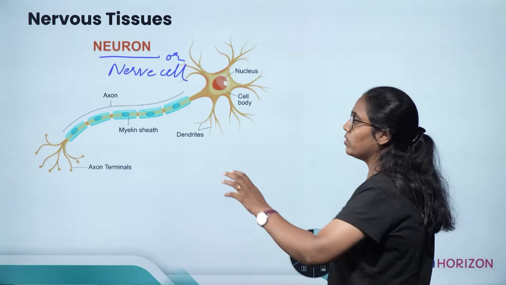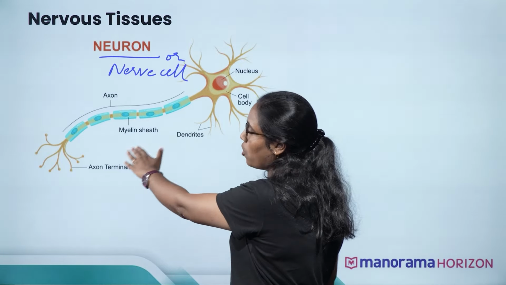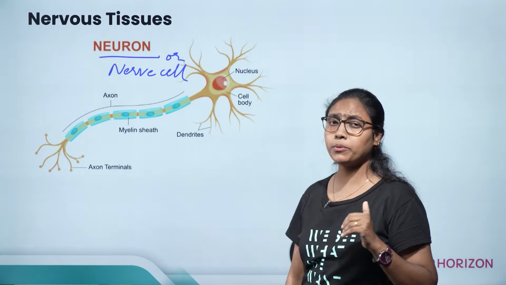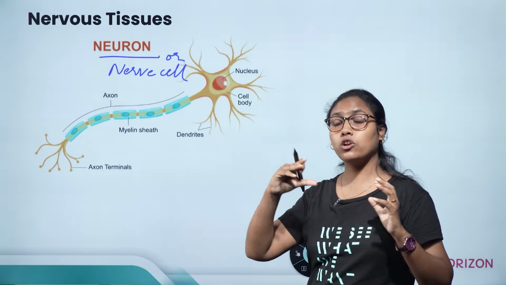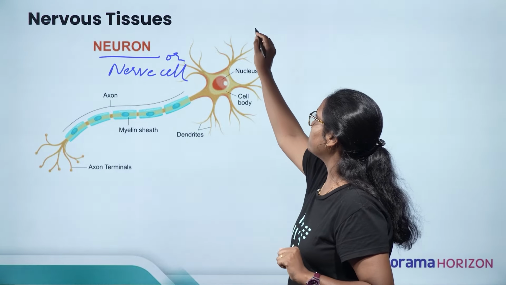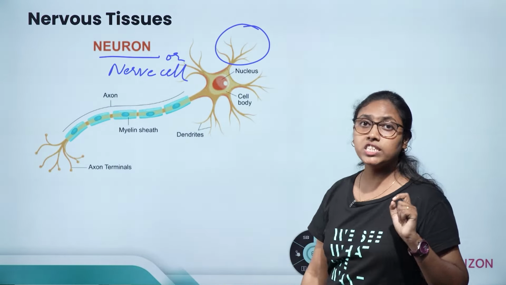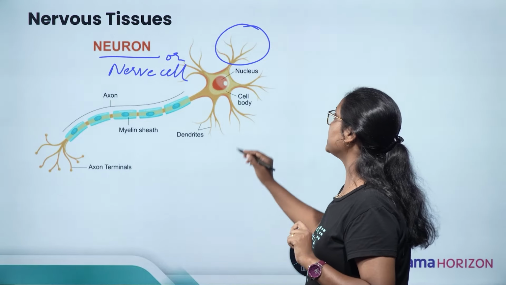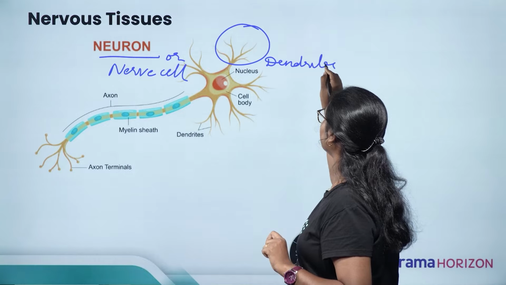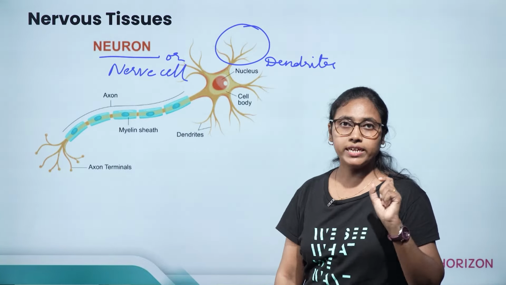Now if you look at a neuron, it is a long cell. We have studied in the last chapter also that neurons are long cells in the human body. Now these neurons have some branch structures. These branch structures are known as dendrites.